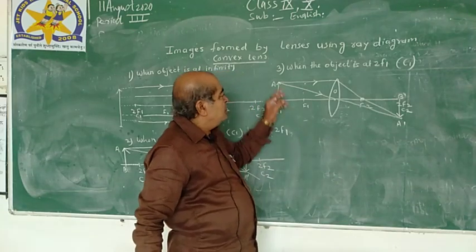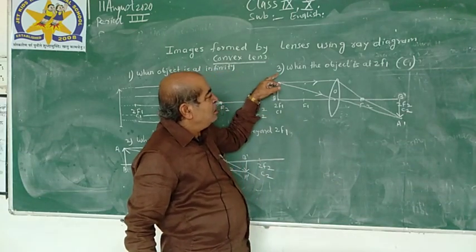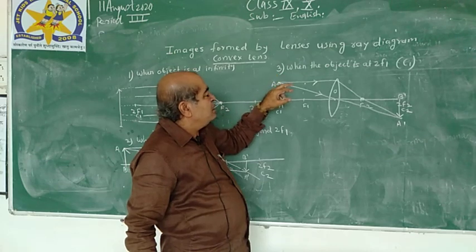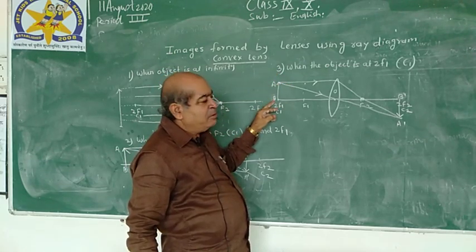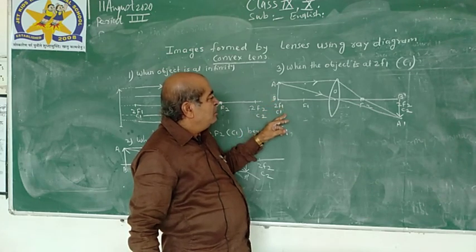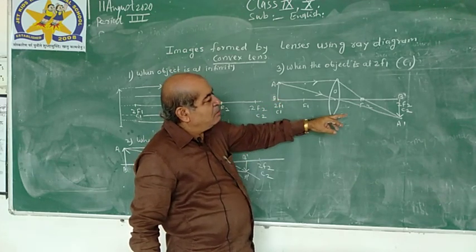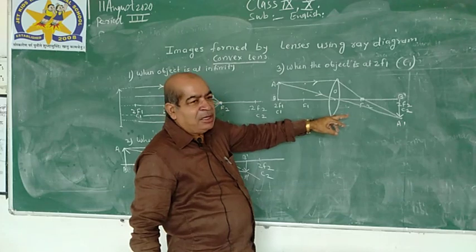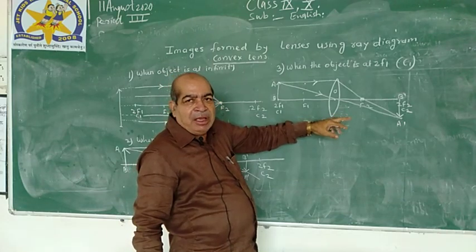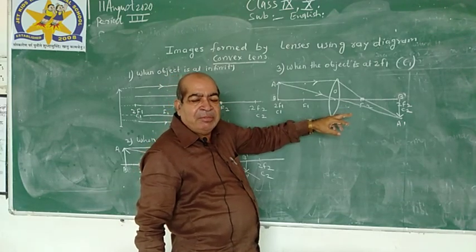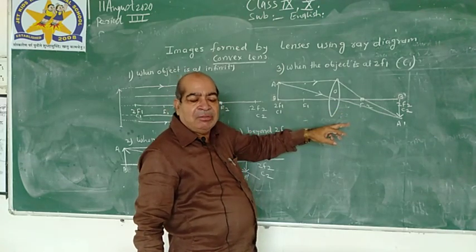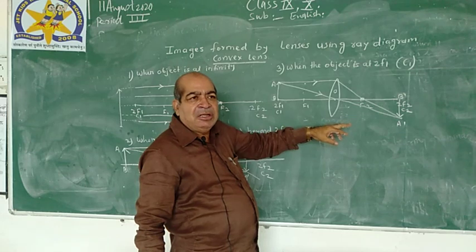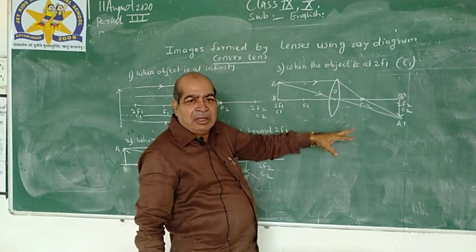So this is the third position: when the object is at twice F1, meaning the center of curvature C1, the position of the image is at twice F2. The image is of the same size, and the nature of the image is real and inverted.